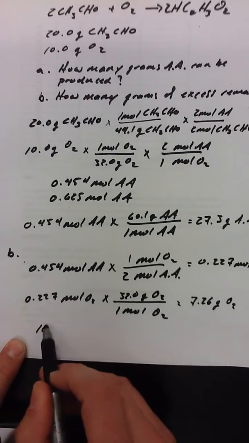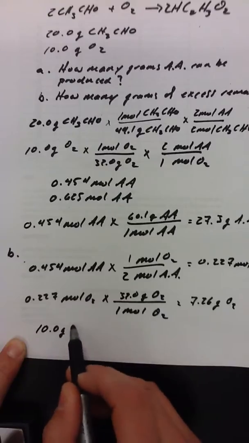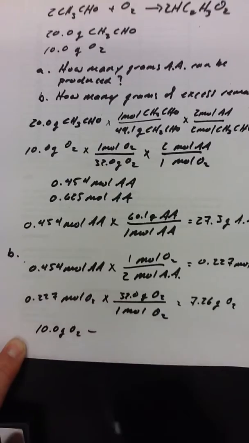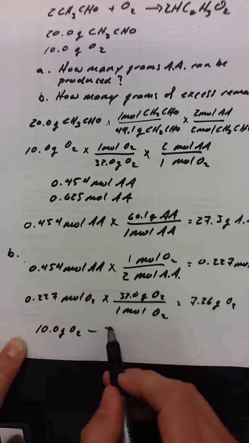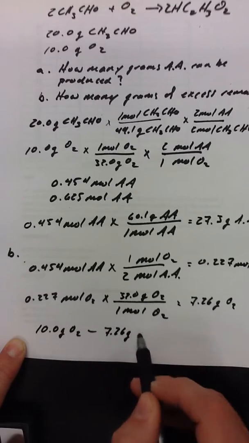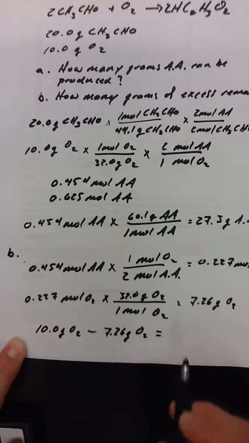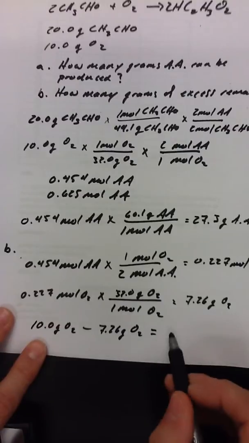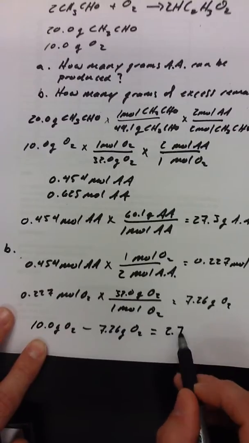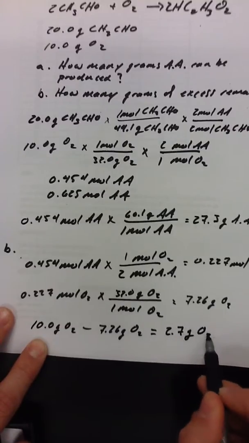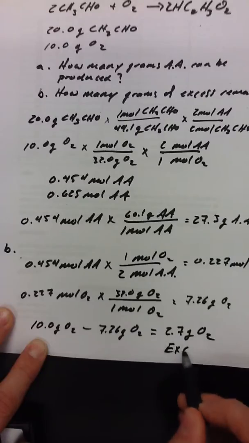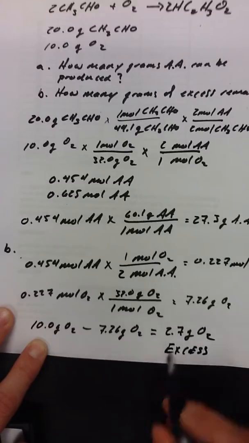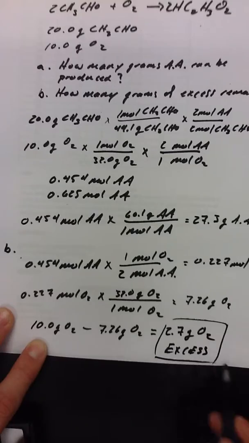The original amount of oxygen, 10.0 grams of O2, minus how much we actually used, 7.26 grams of oxygen, and we should be left with 2.7 grams of O2 in excess. That's what's left over, what has not been used.